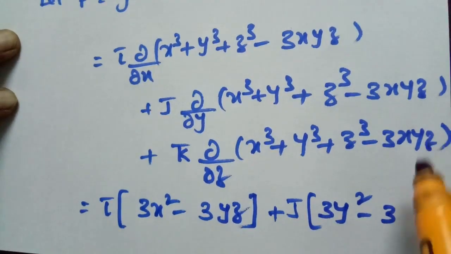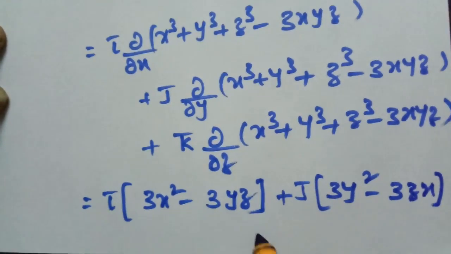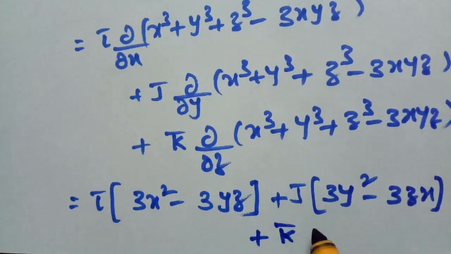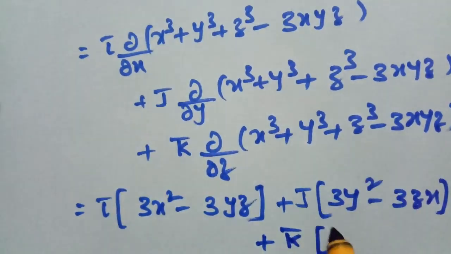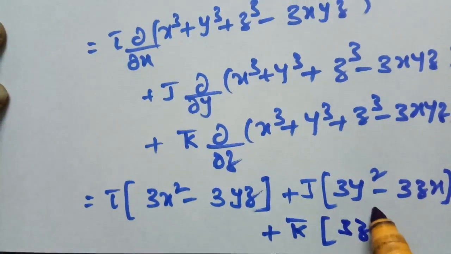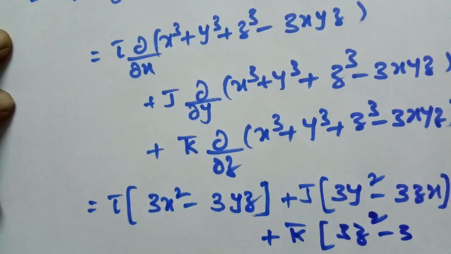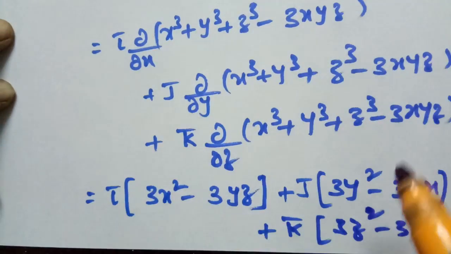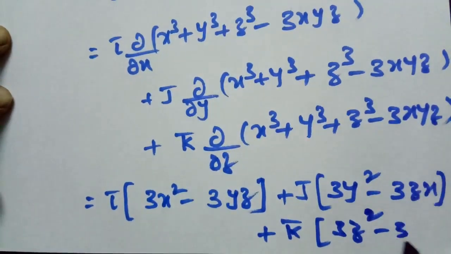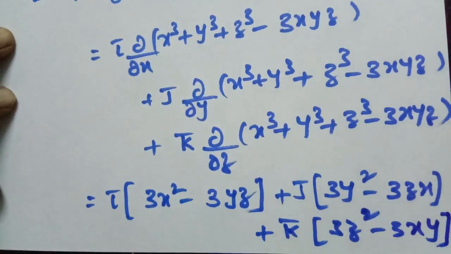So x is a constant, z is a constant, zx. Therefore, plus k bar into, similarly, 3z square minus 3 times the partial derivative with respect to z. 3 is a constant, x is a constant, y is a constant, z derivative is 1.